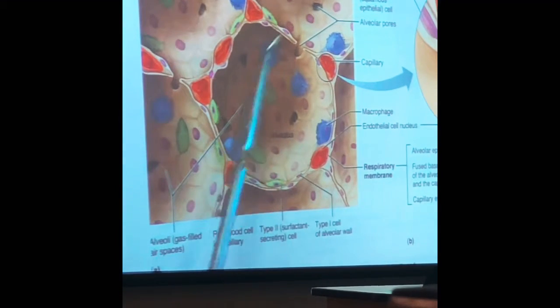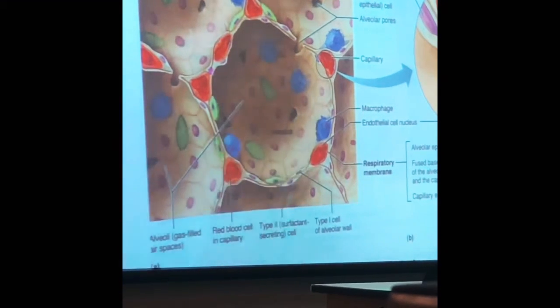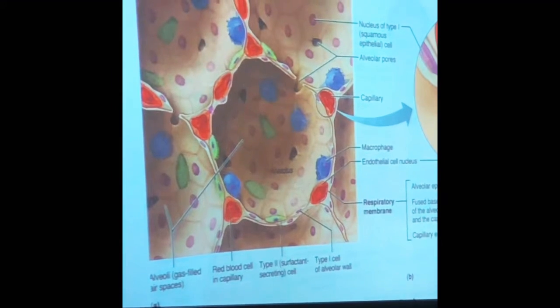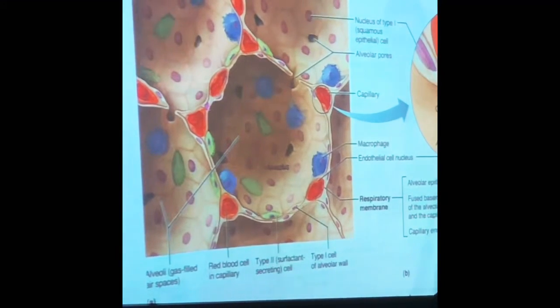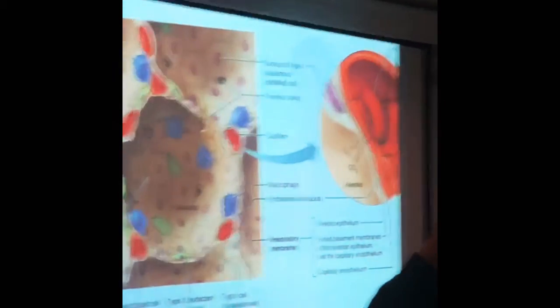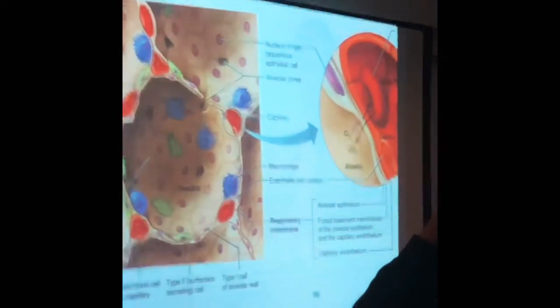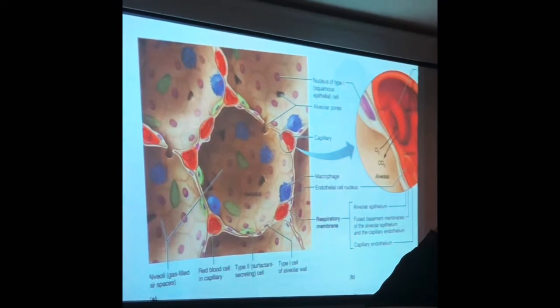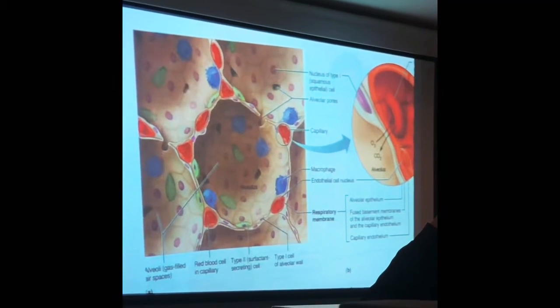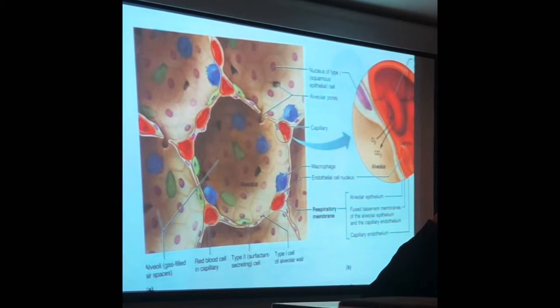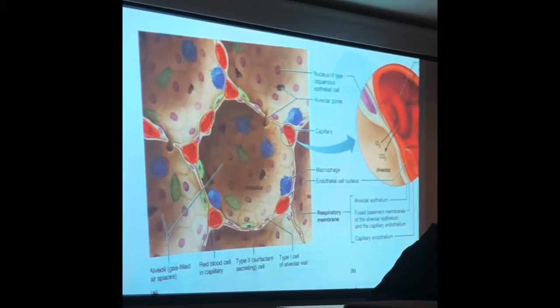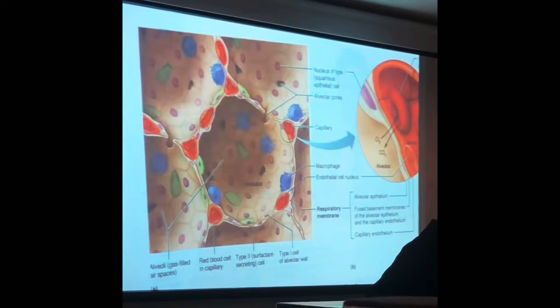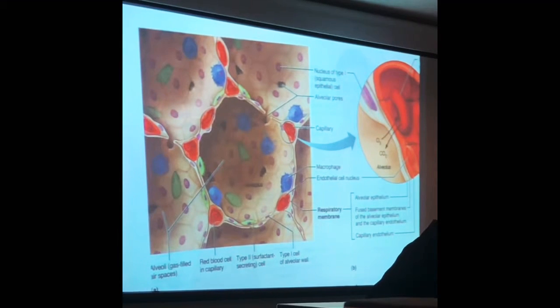Once we bring the atmospheric air into alveoli, now we get an exchange of gases. That's respiration. 2 different physiological processes must occur for us to oxygenate our blood and to rid our blood of carbon dioxide. Ventilation, we ventilate our lungs.